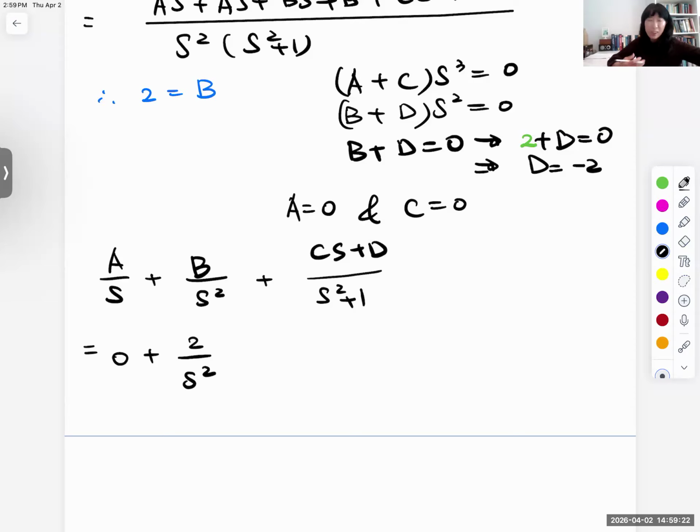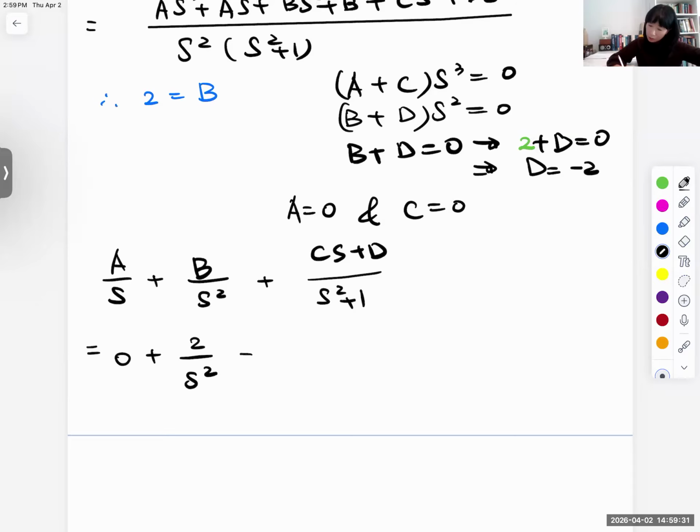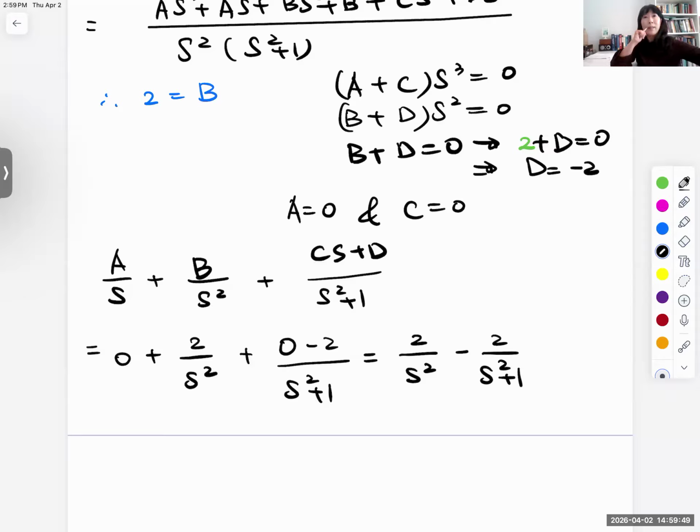So we didn't have S earlier, right? Okay. And plus C. Oh, C is 0. And D is -2 over S squared plus 1, right? Okay, let's arrange it one more time. So 2 over S squared minus 2 over S squared plus 1, right?